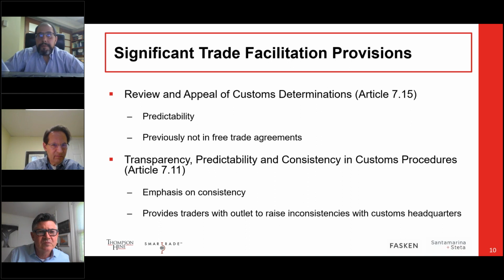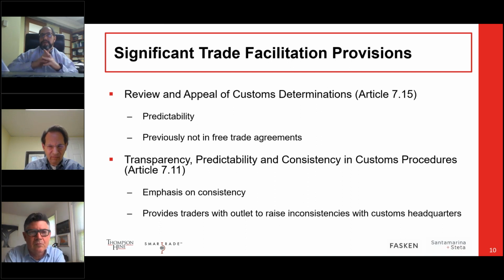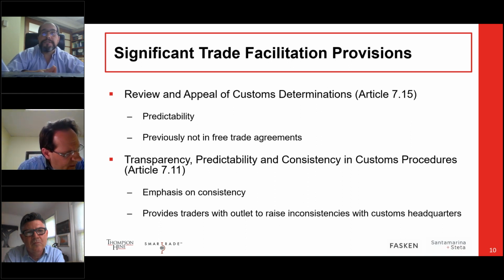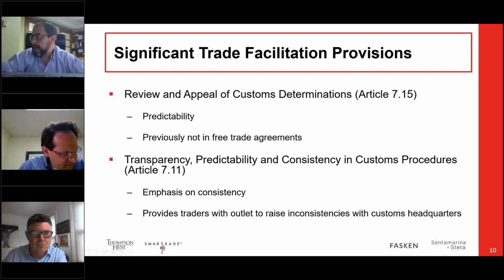From the Mexican side in particular, especially if the new rules of origin affect the particular good that you are exporting, I would recommend seeking advance rulings. And there will be guidance. There are provisions within this trade facilitation chapter pertaining to the obligation of guidance to be provided by the customs authorities.